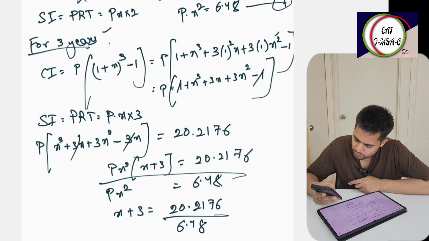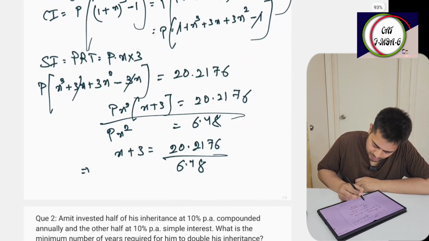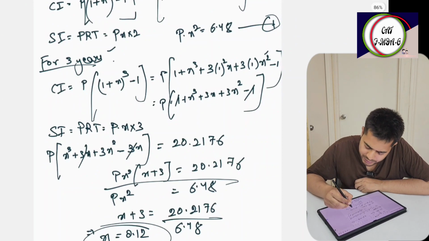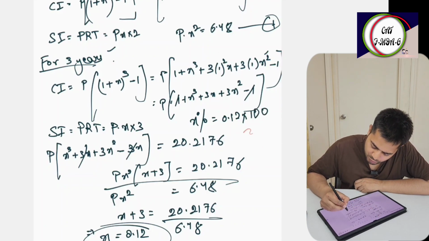So 20.2176 divided by 6.48 and minus 3. That implies here X is coming as 0.12. To take the percentage, X percent will be 0.12 into 100, so it will be 12%.